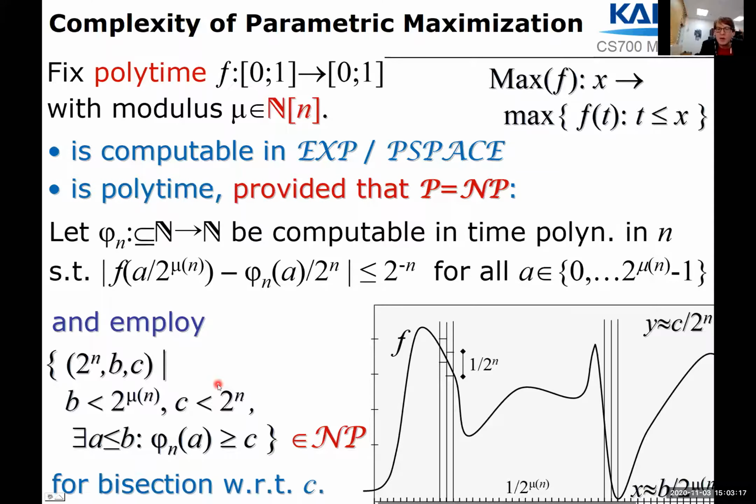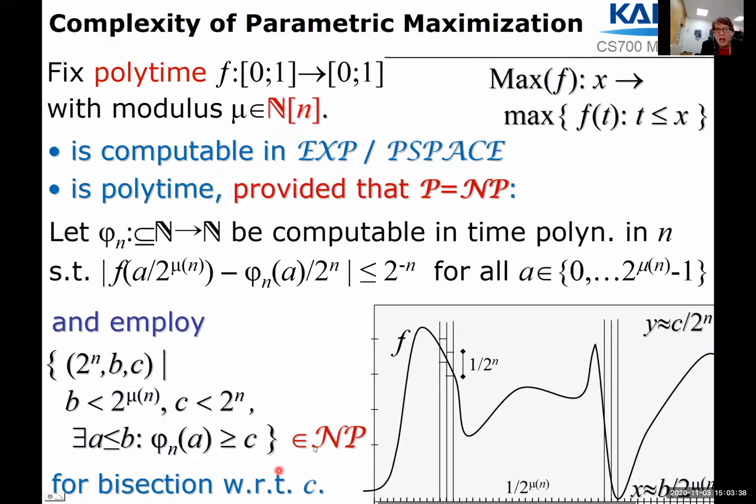And as we know, binary search takes a number of iterations. Every query reveals one additional bit of C, starting with the most significant bit, whether C is greater than 2 to the n minus 1 or not, and so on by bisection.